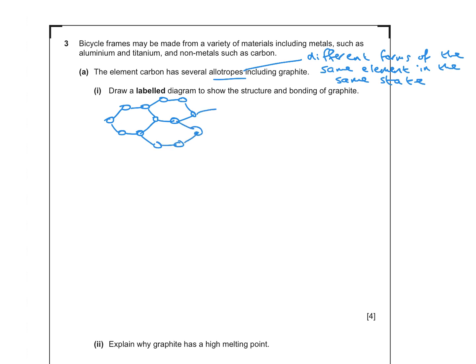So you can see each carbon atom, and it's a labelled diagram, so we've got to label all of this. Those solid lines are covalent bonds. Those are very strong, and that's the reason graphite has a very high melting temperature.